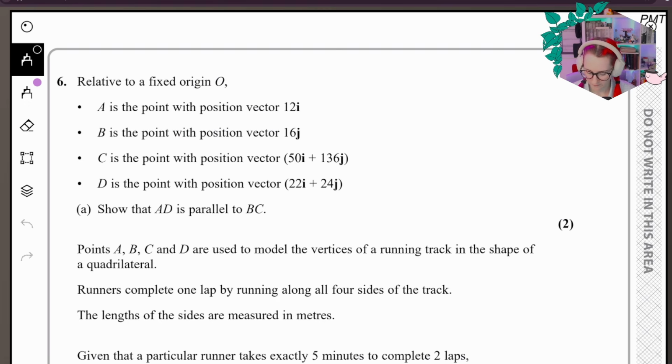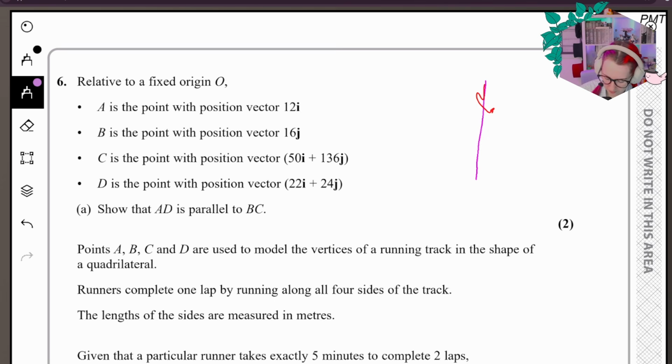Yes. Okay, next. Relative to a fixed origin O, A is, okay, so now we're on to vectors. So what we were saying before kind of applies. Anywhere where there is a bold letter is a vector. And the way that we define i and j, we have our x value and we have our y value.